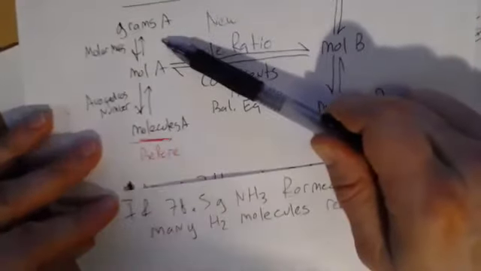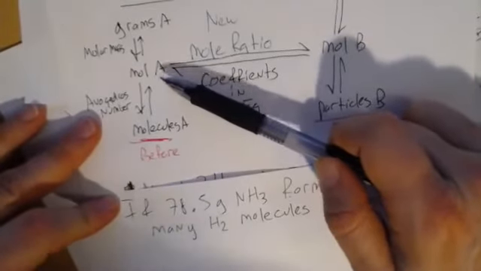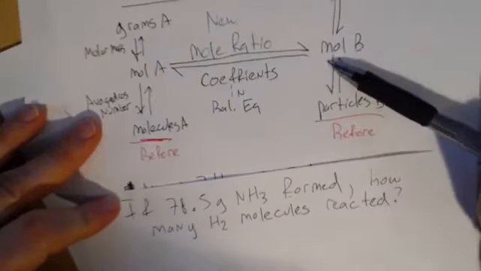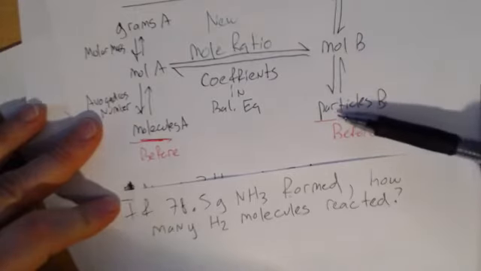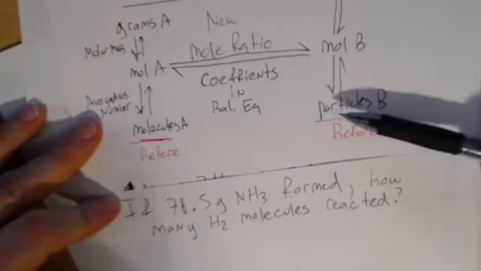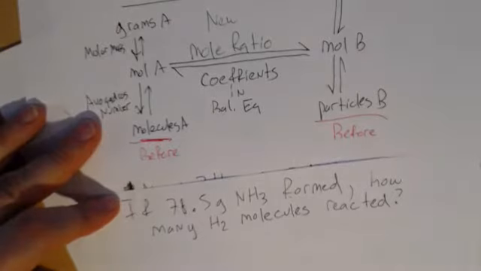Where did it go? Ah, here. Let me push that. There's my balanced equation. If I look at this, I'm given grams of my known, so I'm going to want to go to moles of known, which would be moles of ammonia. Then I'm going to use the mole ratio to go to moles of hydrogen, and then I'll go down to particles.